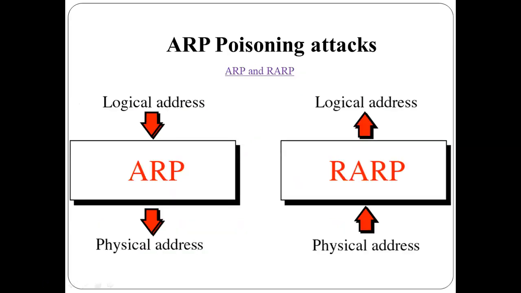Okay, so this is the general diagram, but personally I would not suggest that this is the right diagram, because it suggests that you give the logical address to ARP as input, and at the output we get the physical address.